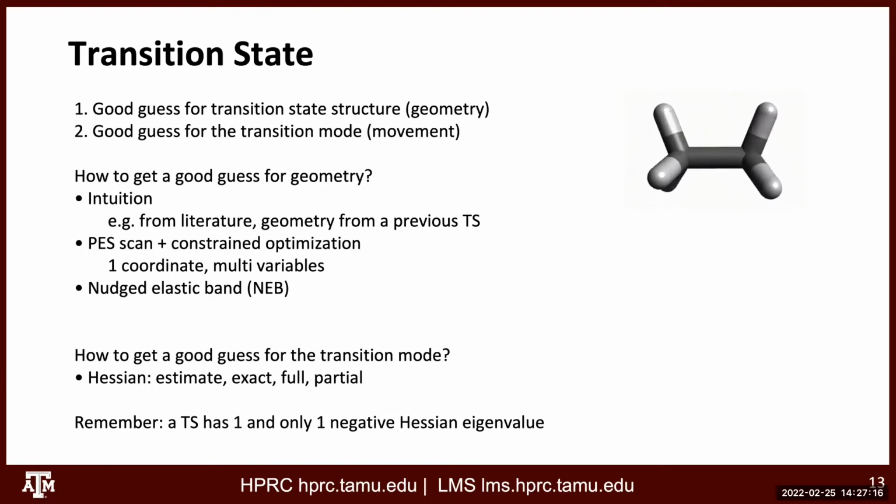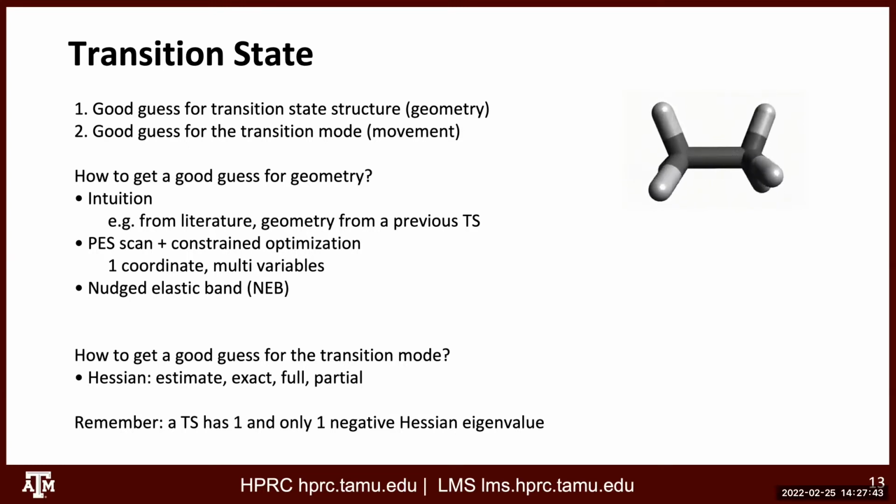One is by intuition, by examining the structure of the reactant and the product carefully. You might have a good feeling of what the transient species, what an intermediate structure would look like, what a middle structure would look like.